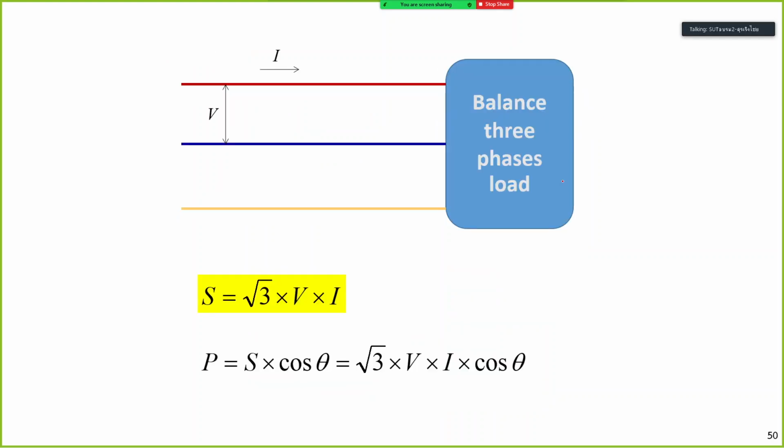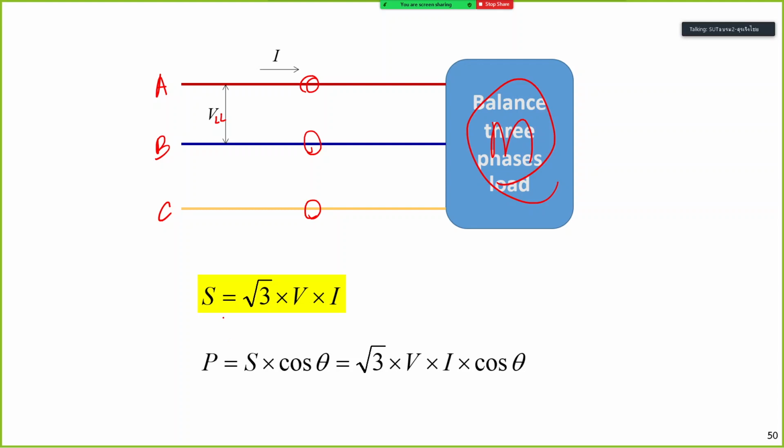So let's see, when we have a three-phase balanced circuit, for example this is a motor. We measure the voltage between phases A, B, and C. We call this the line-to-line voltage V, and because it's balanced, we will have the same current for all the phases, with a phase shift of 120 degrees also.